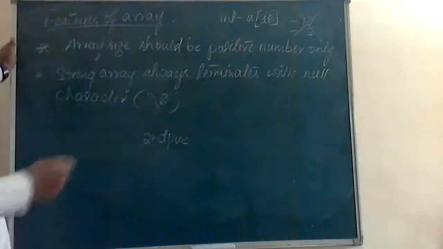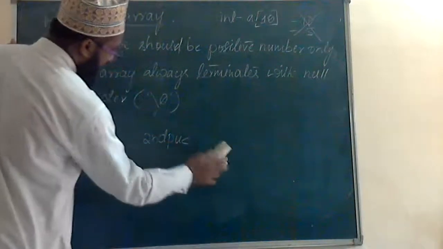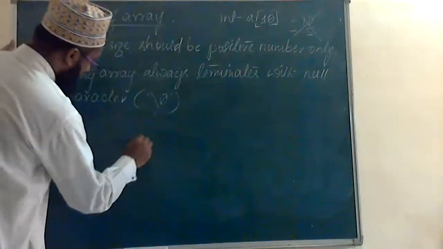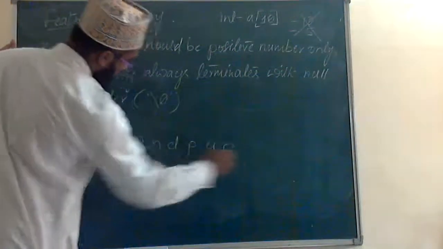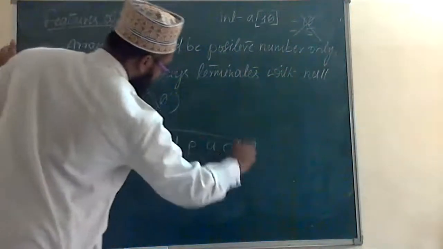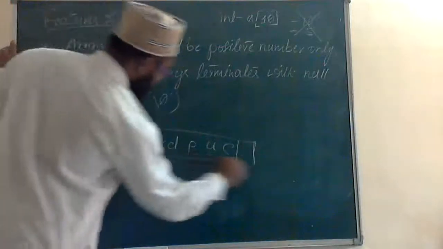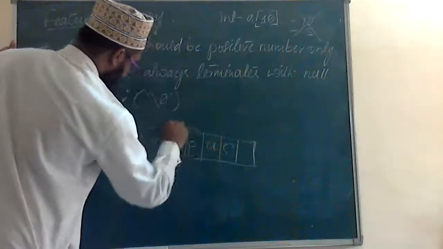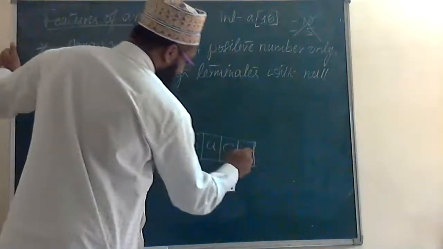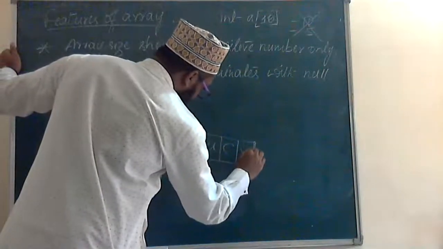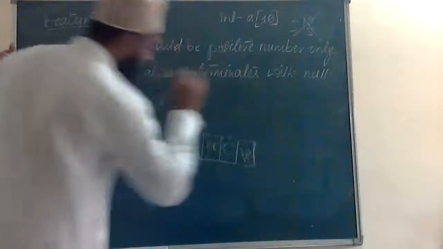This is an array. I will write in array form. Second PUC. This is a string array, right? And the string array should always terminate by the null character.